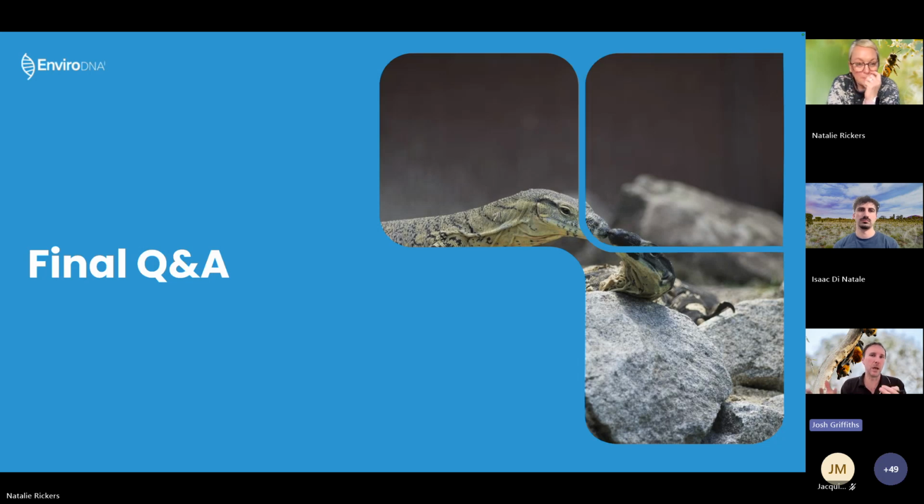Ideally, we do these pilot studies in several different areas where you've potentially got high abundance and low abundance of your target species, so that you can see the power analysis where you've got different densities of your target. So you need to actually generate the data first to do that power analysis.